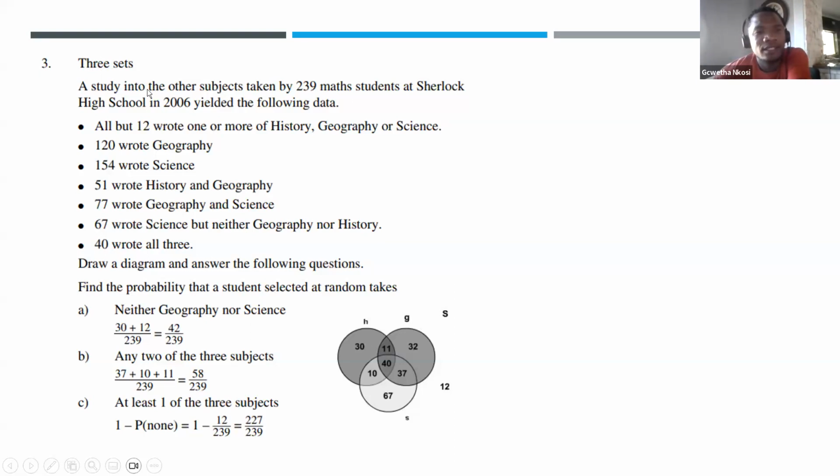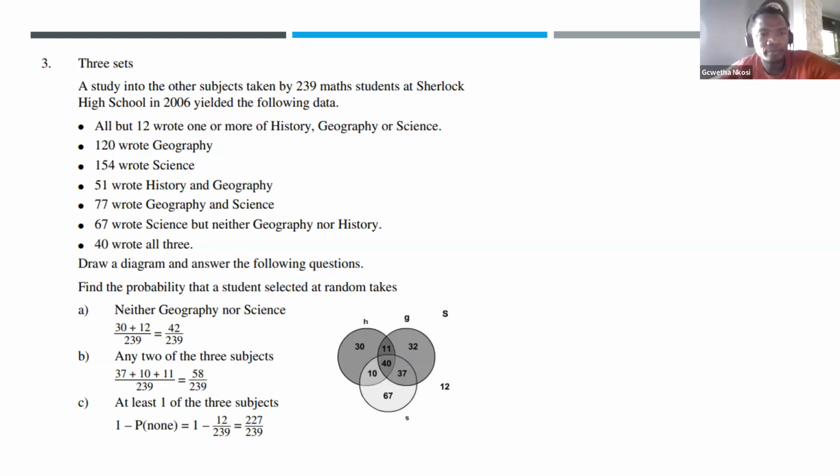A study into other subjects taken by 239 students for mathematics at Sherlock High School in 2006 yielded the following data. They tell us that all but 12 wrote one or more of history, geography, or science.